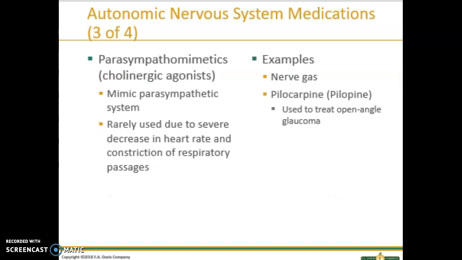Drugs that stimulate the parasympathetic nervous system to calm the nervous system are called parasympathomimetics or cholinergic agonists. These medications are rarely used because they severely slow down body system activity, and this also includes decreasing heart rate, and it constricts the respiratory passages.